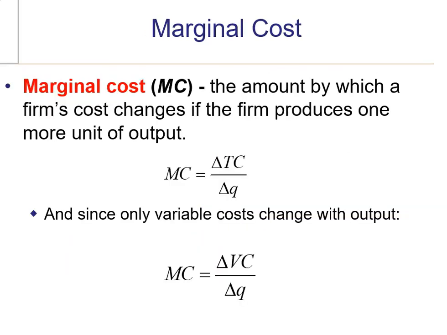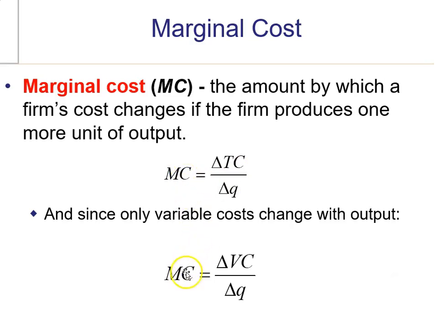The last cost concept I want to describe is marginal cost. What is marginal cost? This is the cost to make one more unit of output. More specifically, your marginal cost is your change in total cost divided by your change in output. And when output changes by 1, it's the incremental increase in total cost. So again, marginal cost is the cost to make one more.